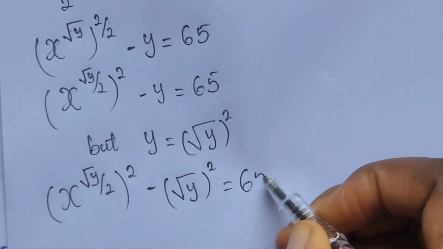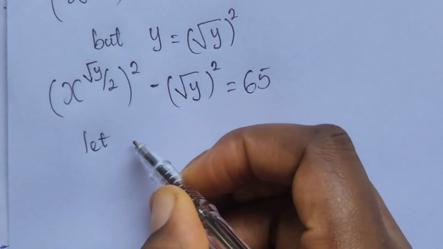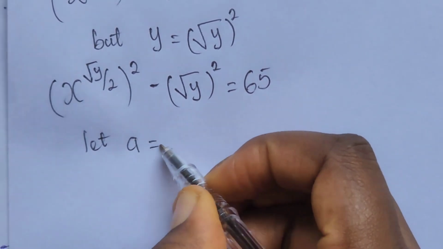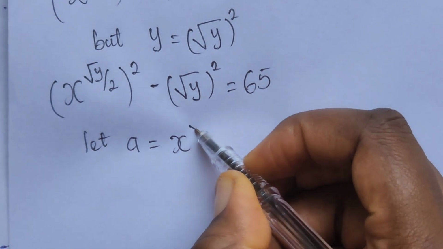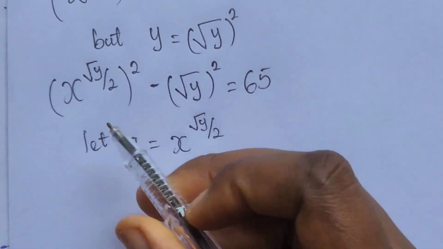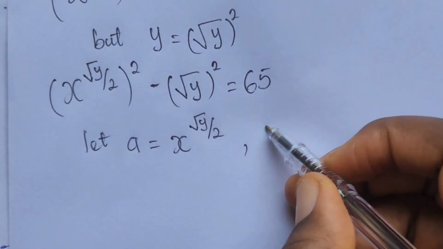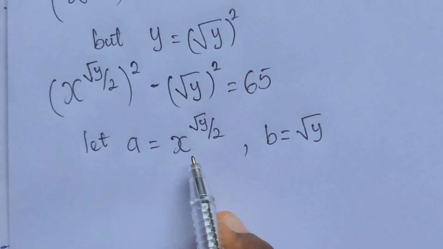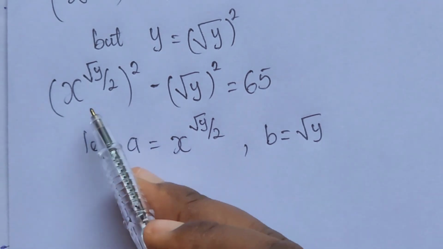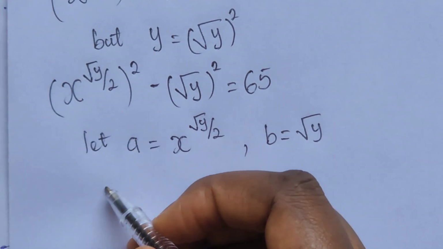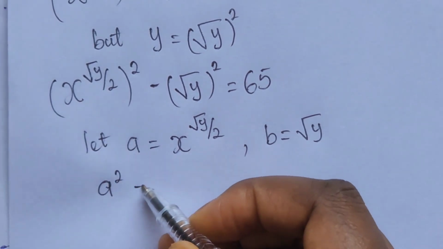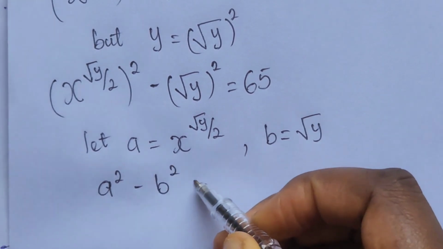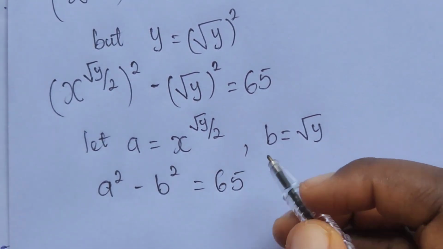Let a be equal to x to the power of root of y over 2 and b be equal to root of y. So replacing these terms, we have a squared minus b squared equal to 65.